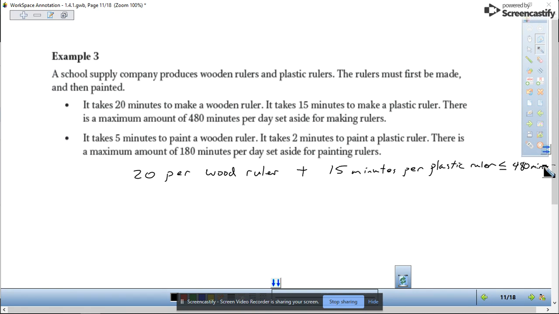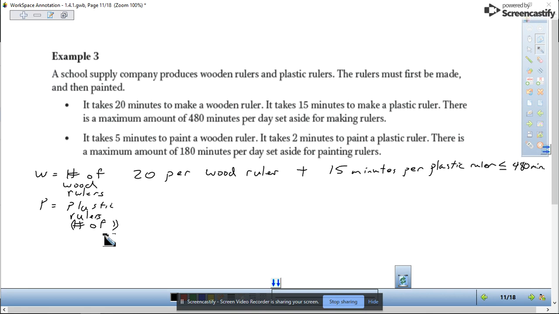So let's clean it up. I don't know the number of wood rulers, so let W equal the number of wood rulers. And then we're going to let P equal plastic rulers, the number of plastic rulers.